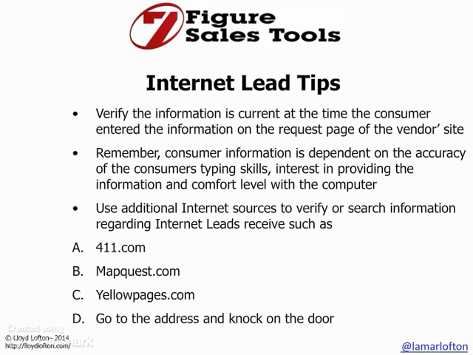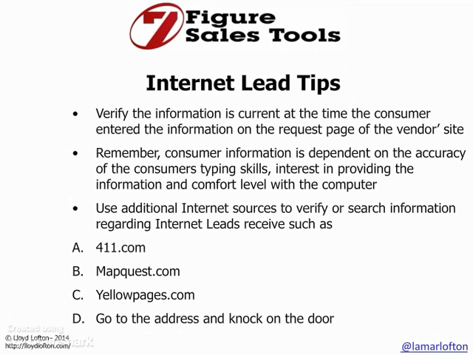So it's not uncommon for people to invert the numbers. 865-776-3295 could come out as 3259, or 5687 could come out 6578. People just might not be very good at typing. Their interest in providing the information and their comfort level with typing on a computer can have a direct impact on how accurate the information is.